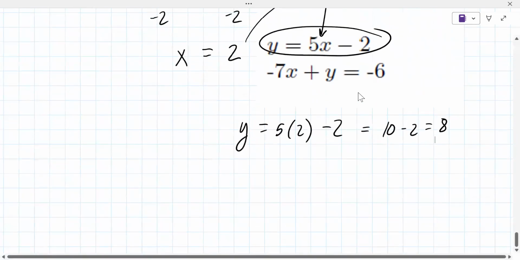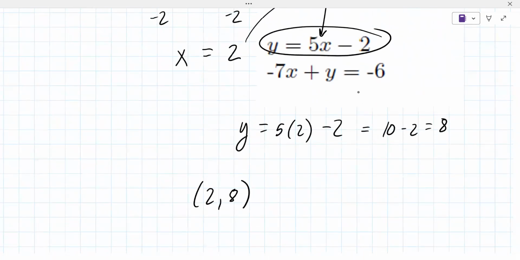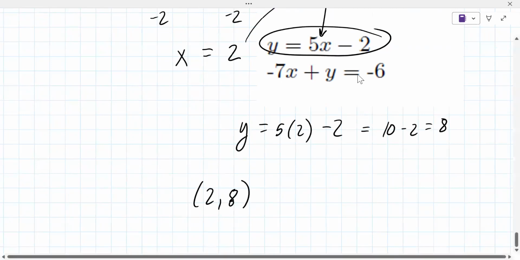So your final answer is 2, comma 8. You've got to be comfortable putting that back in. If you put -2 in and don't realize that it isn't right, you end up getting the wrong answer here. And sometimes you will see that on tests where the wrong answers are there as multiple choice.